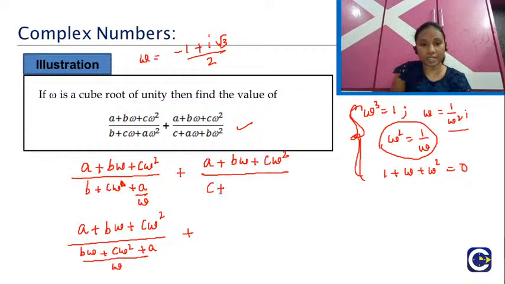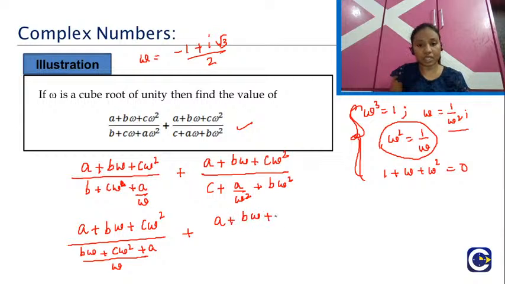So it will be c plus, in place of a, I'm going to write a by omega square, because omega can be written as 1 by omega square, plus b omega square. Let me take the LCM in the denominator. So b omega plus c omega square, plus a and plus b omega power 4.